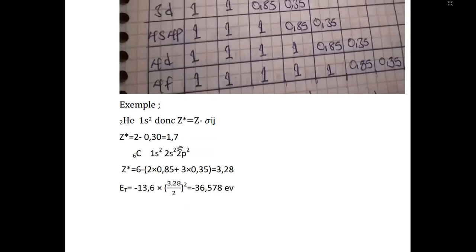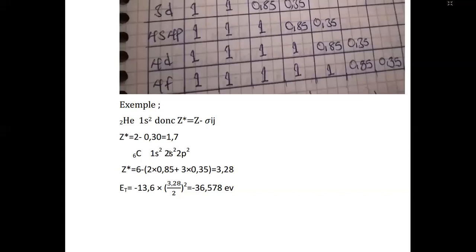So carbon has a proton number of 6, which means it has 6 electrons. When filling, I'll start with 1s2, 2s2, 2p. Since 2 plus 2 is 4, and 6 minus 4 leaves me with 2 electrons, it will be 2p2. I know this one is a shell and this one is a shell.